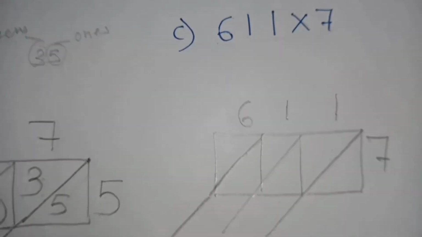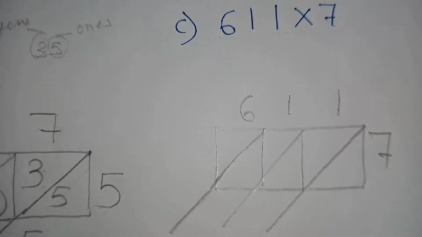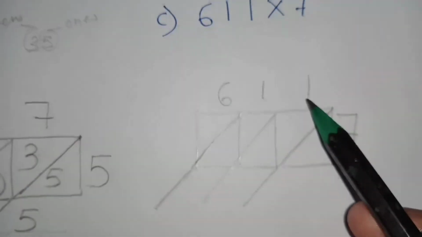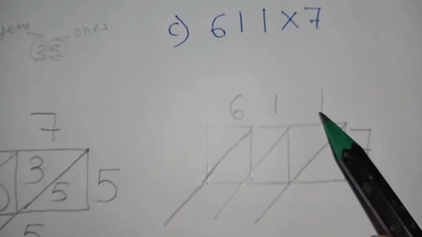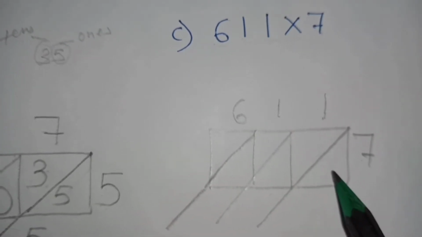Now you will multiply. 7 ones are 7. So 7 is a one digit number. This one is for tens, this one is for ones.